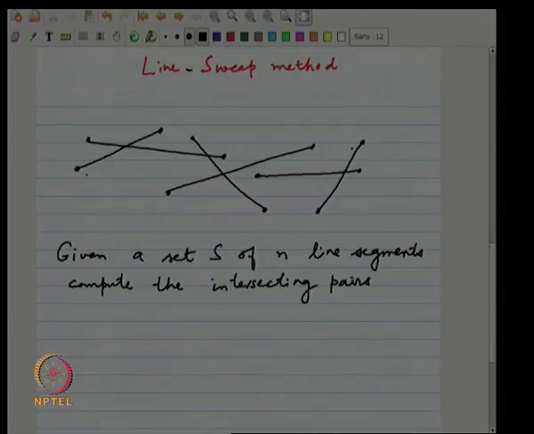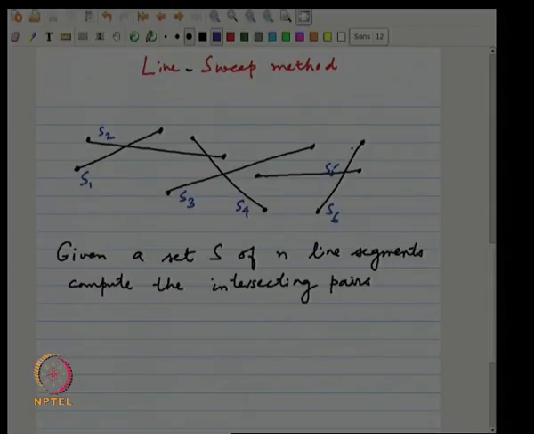I can call this S1, call this S2, S3, S4, S5, and S6.